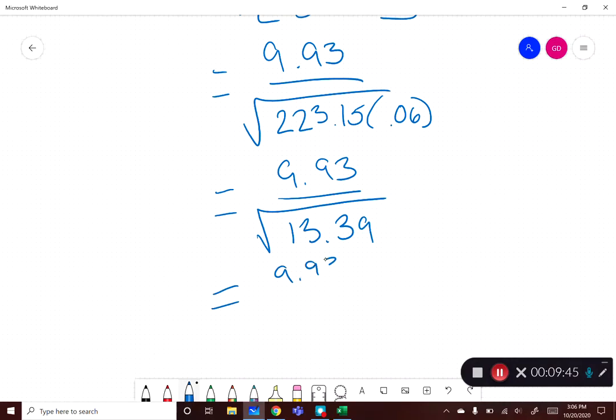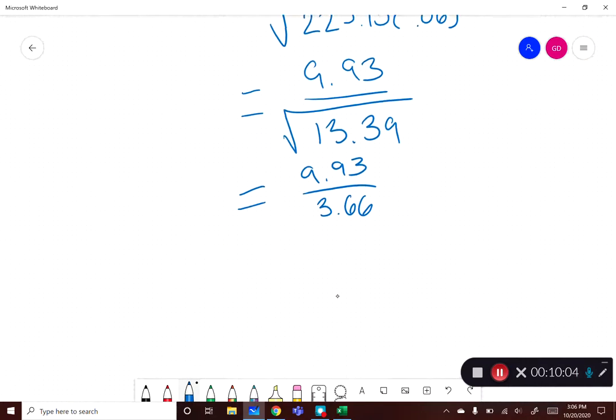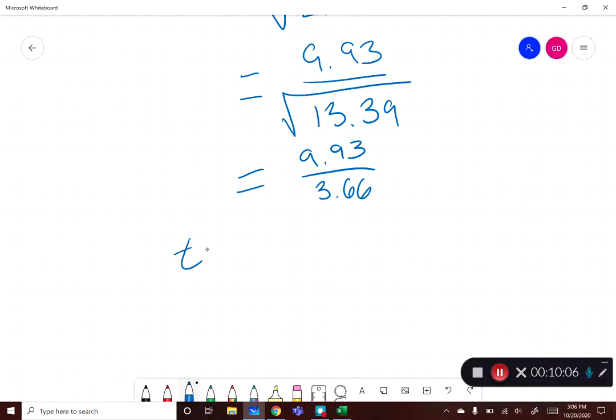So 9.93 over the square root of 13.39 gives us 3.66. So our t obtained would then be 9.93 divided by 3.66, 2.71.